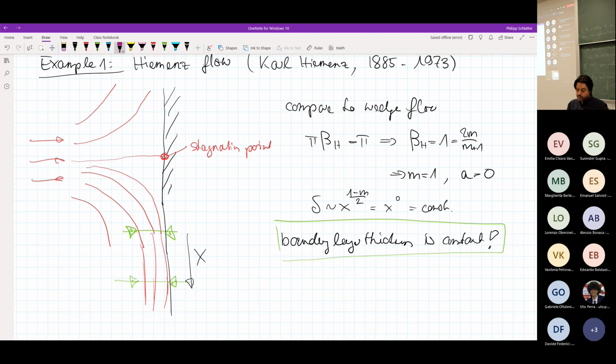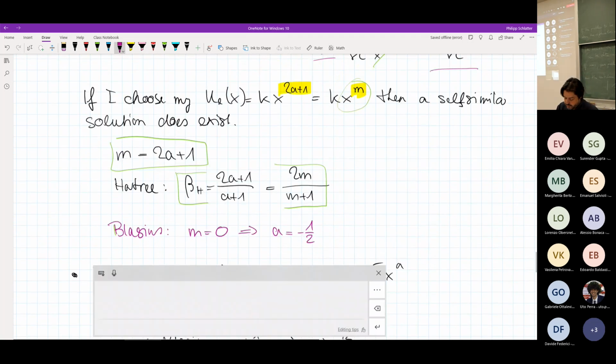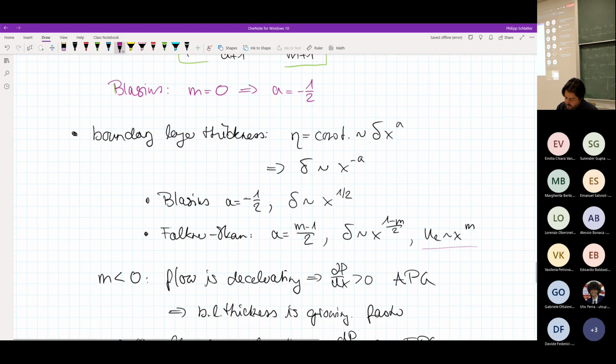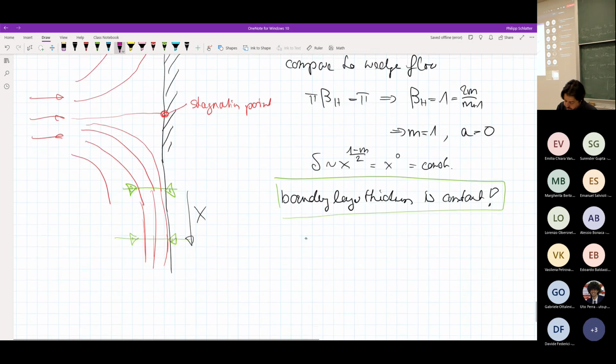Now to your question, the question is also, is it an accelerating flow or not? Here, we can also look at UE. UE is proportional to x to the n. For n being 1, this just becomes x.